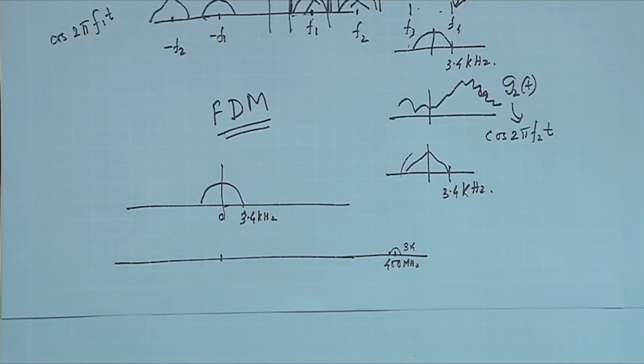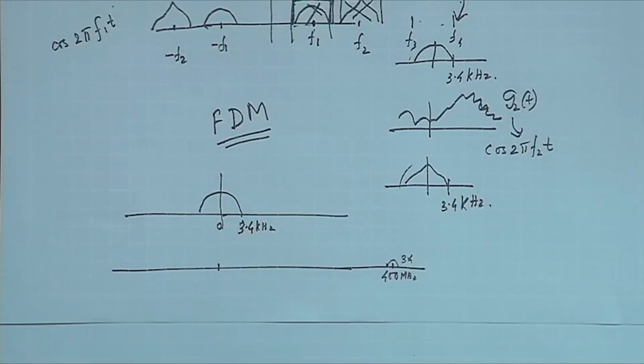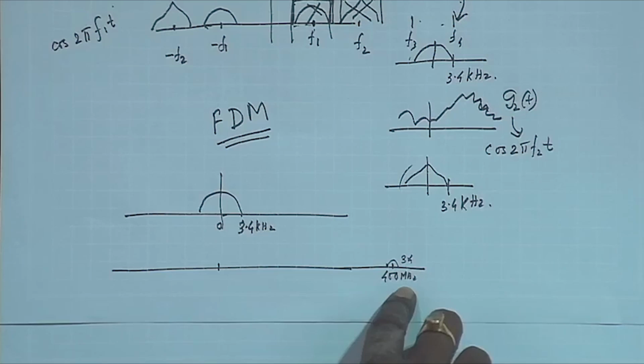So, the frequency component that is transmitted in the air will be around that 400 megahertz. Whenever the frequency component is 400 megahertz, the corresponding wavelength will be very short. Okay. For 3.4 kilohertz, if you take 1 by that, you will see the corresponding wavelength is quite big, whereas for 400 megahertz, if you do 1 by that, because of that 10 to the power 6 it will be very small.